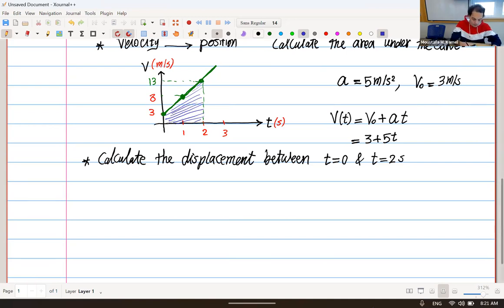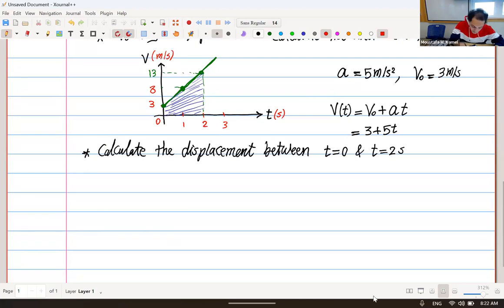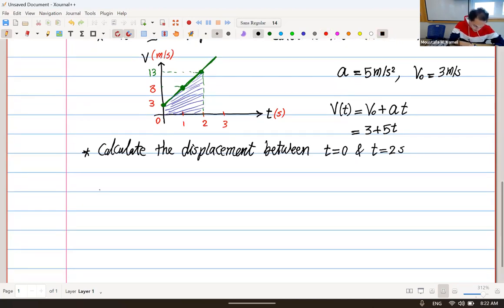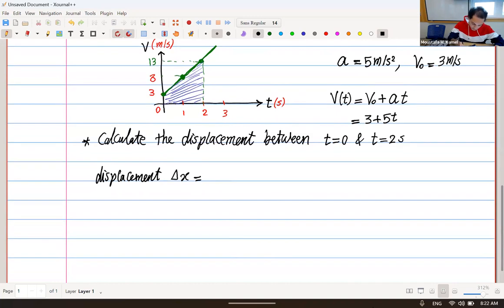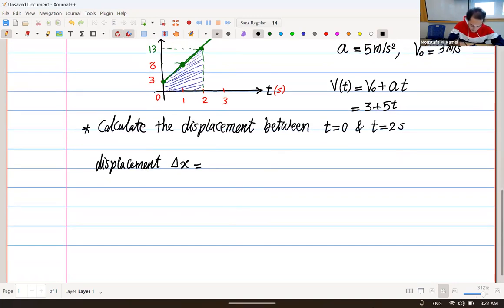So this area, starting from 0 to 2. This displacement delta x is the area of the shaded region.